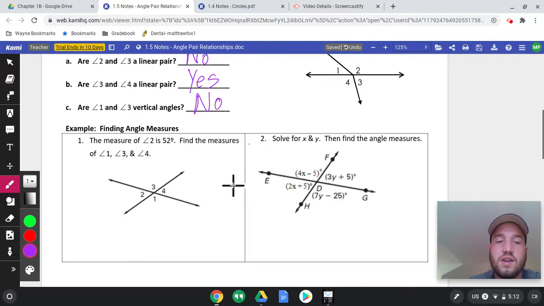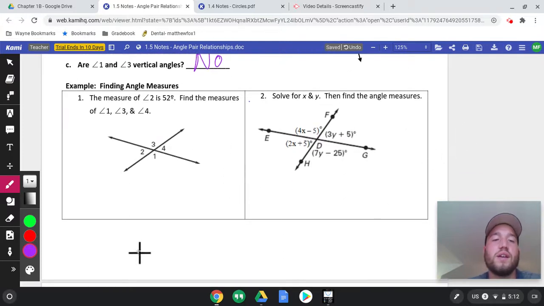Okay, now if we look down here, we have some vertical angles. So we're going to start by labeling angle 2 here, 52 degrees. And the angle that is vertical to that, angle 4 across here, is also going to be the same, 52 degrees. Now, 2 and 3 are what we call a linear pair, so we know they'll add up to 180.